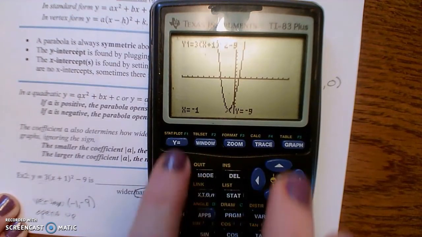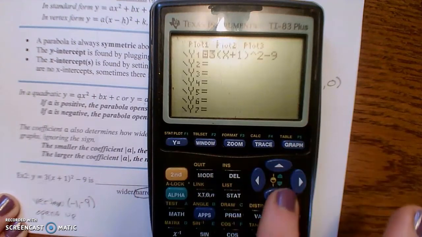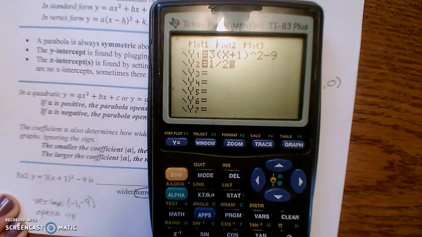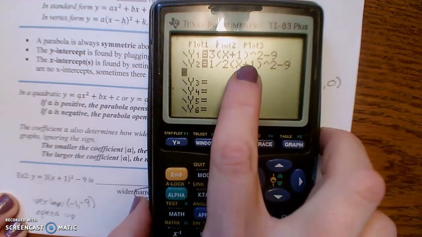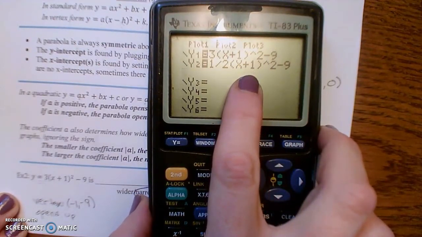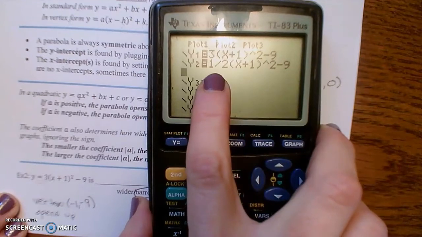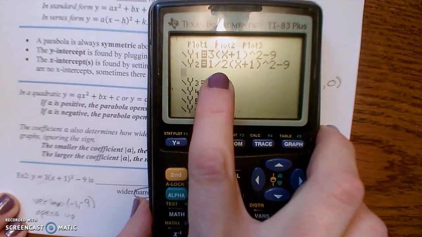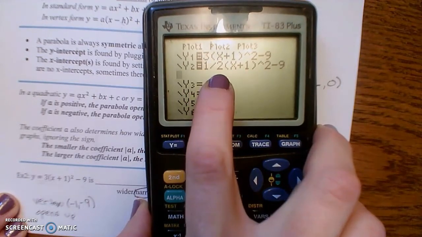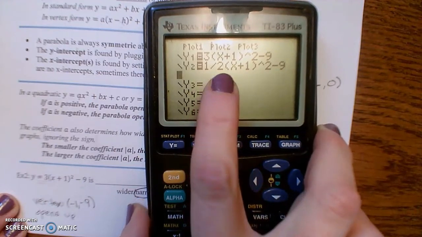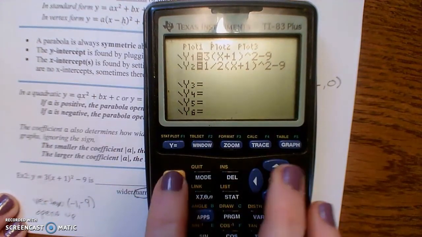And let's see if we can compare that to 1/2 times (x plus 1) squared minus 9. Again, what I'm expecting to see is that it still opens up. The vertex will still be at (-1, -9), but since this one, the leading coefficient, is smaller than 3, I'm expecting it to be wider because it's compressed a little bit further down.